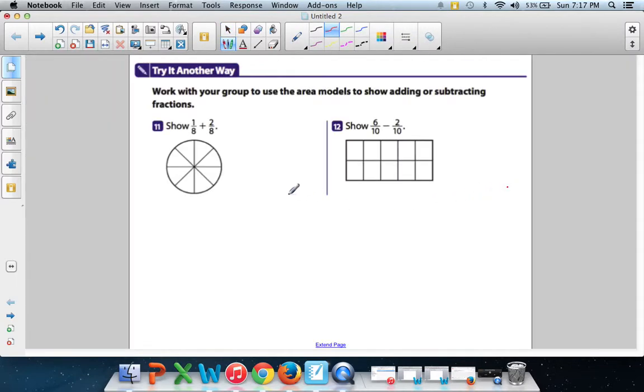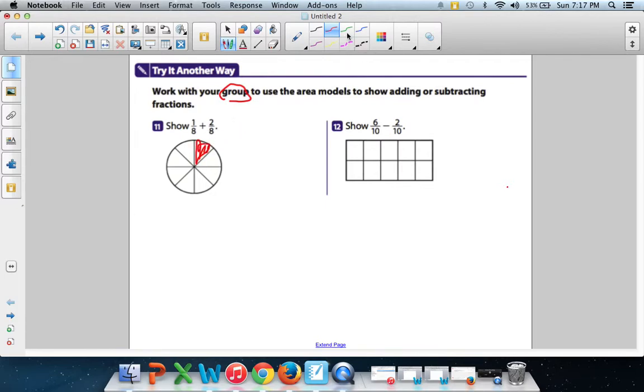So here we are. Work with your group, or work by your group, which is me, to use the area models to show adding or subtracting fractions. It says show 1/8 plus 2/8. So first color in 1/8.